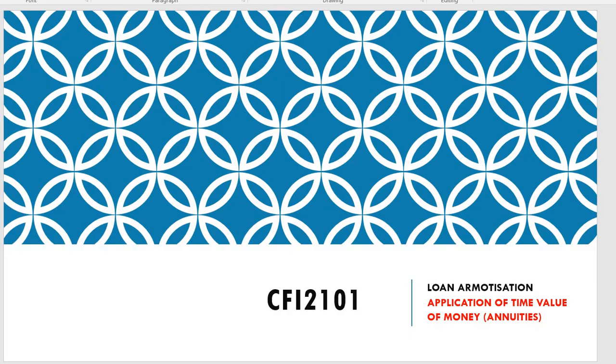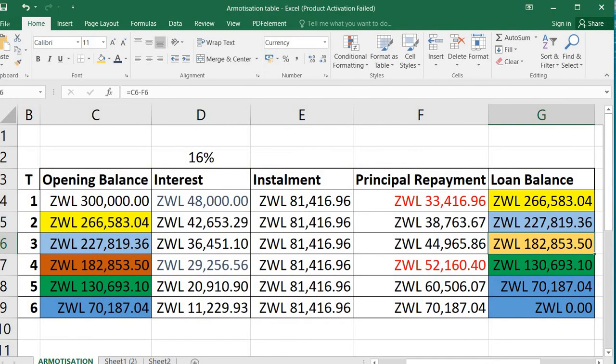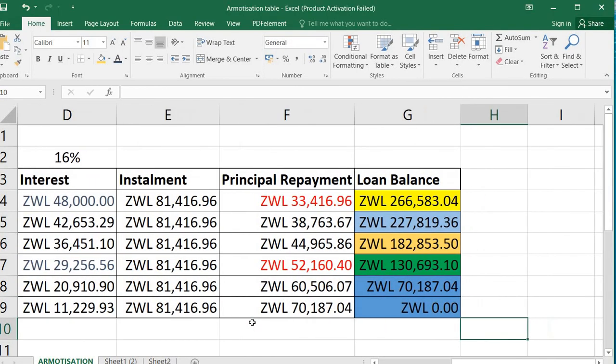Then, in which year does the capital repayment first exceed the interest component? The year in which the capital repayment first exceeds the interest component. Now let's check here. We don't want to guess. A year in which capital first exceeds interest.